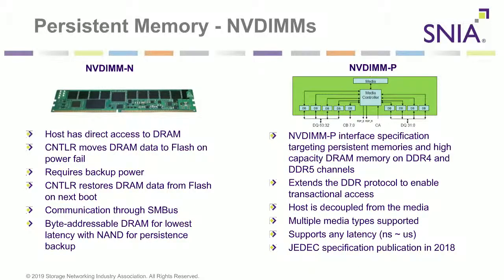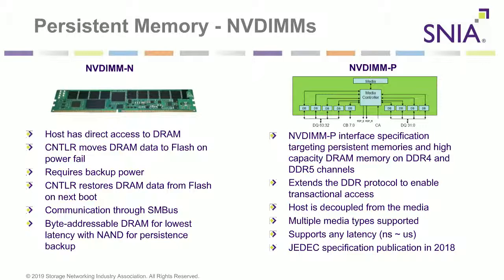There is another variant of this NVDIMM, NVDIMM-P. It is still in the standards right now. We do not have finalized standards for NVDIMM-P, but traditionally there is going to be a DRAM and a flash, just like NVDIMM-N, but you're going to have a bigger capacity of flash, and in this case, both the DRAM and the flash will be exposed to the operating system.